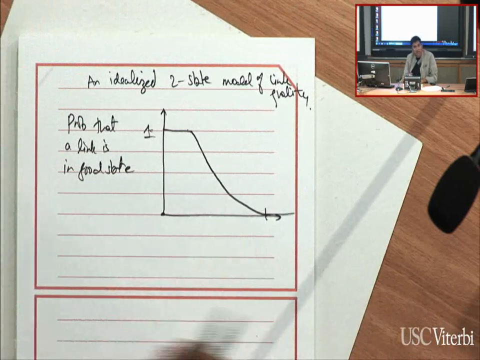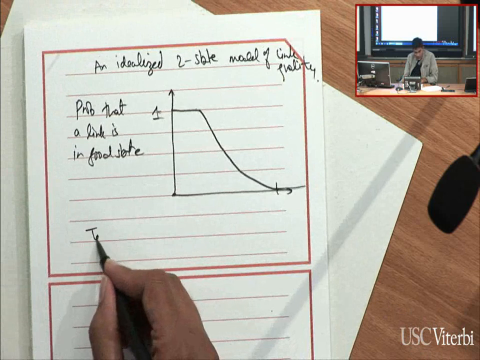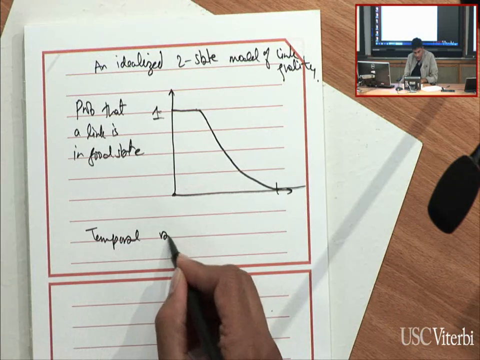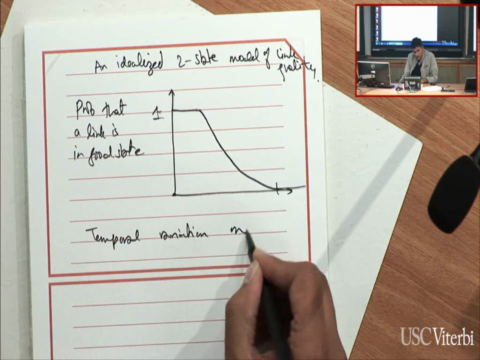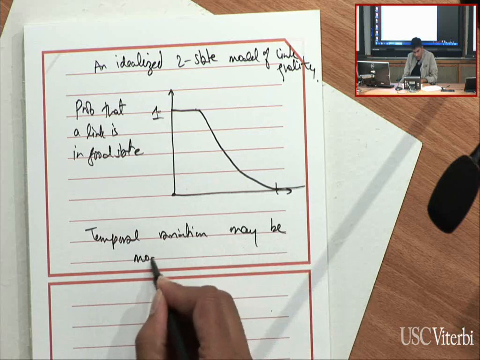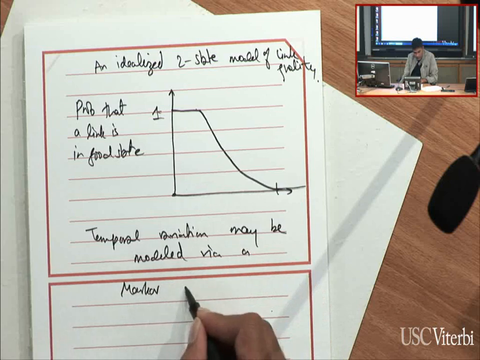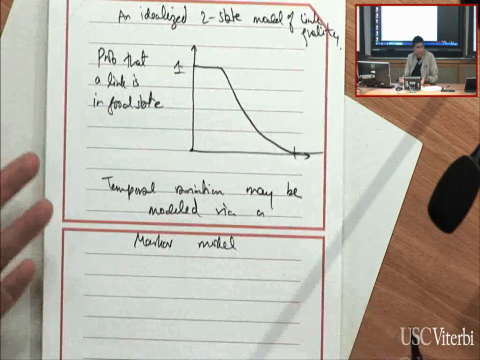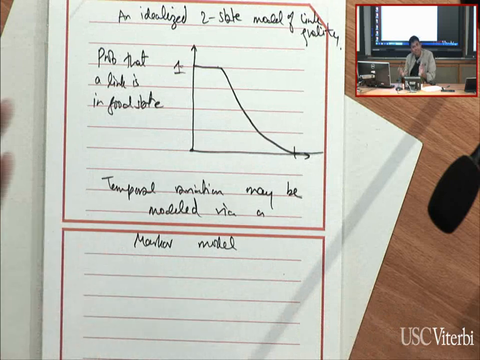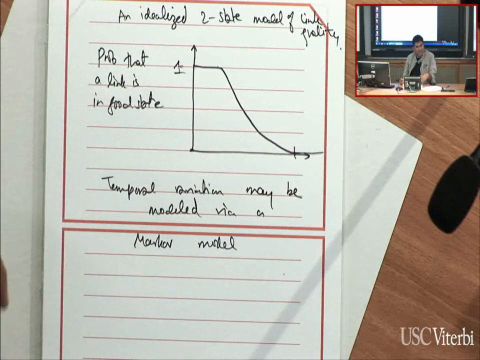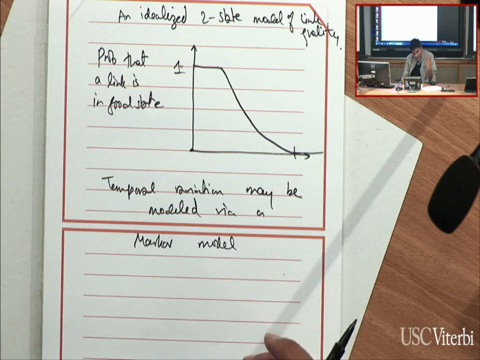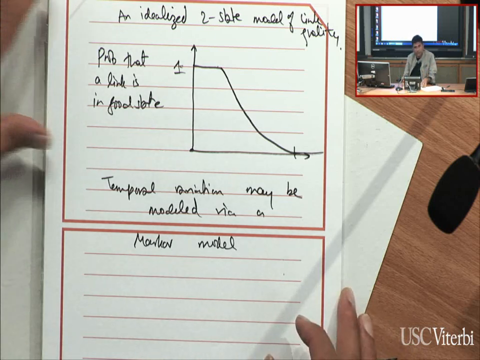This doesn't address how that should vary temporally. So temporal variation may be modeled via a Markov model. Okay, we talked about this earlier in the course. So you can take a link, and when we talked about good states and bad states, you can think of the good state as the packet reception rate being close to 100%, and the bad state as the packet reception rate being close to 0%.